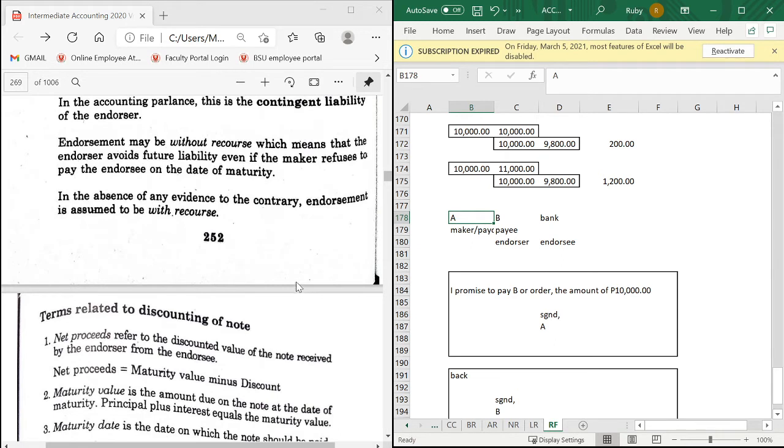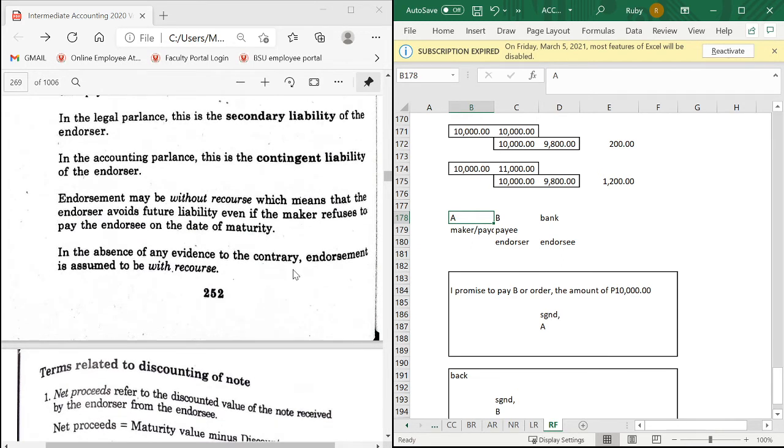What else? Without recourse, so yun nga. Secondary liability. Kapag in-endorse ni B kay bank, ang may primary liability ay si A. Secondary liable si B kapag with recourse.